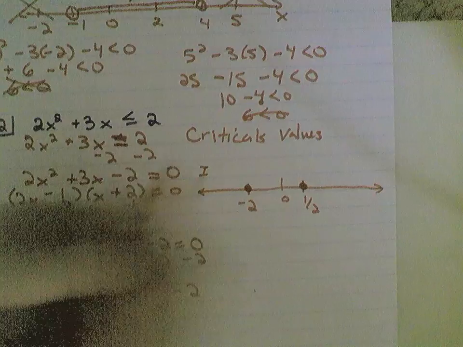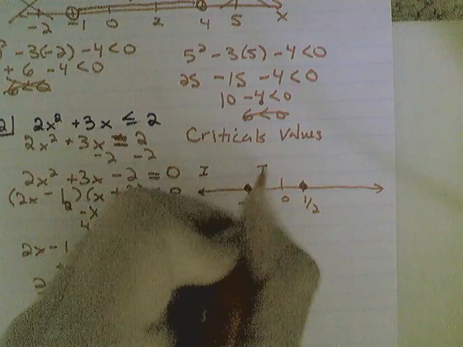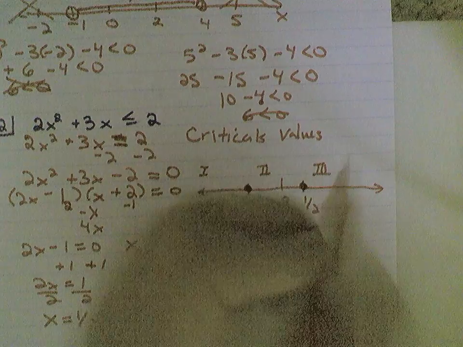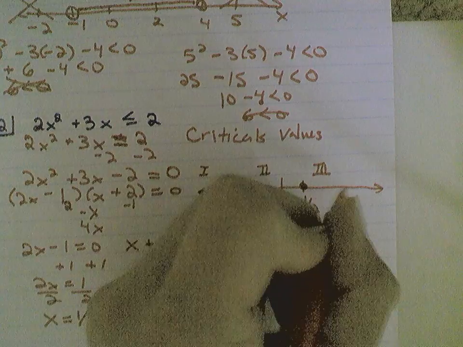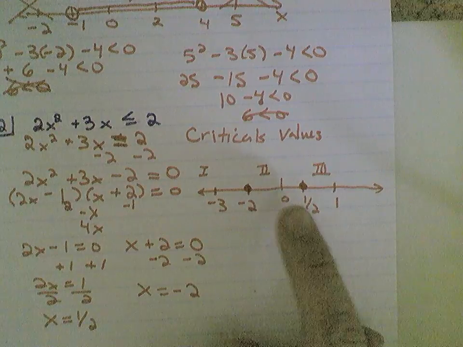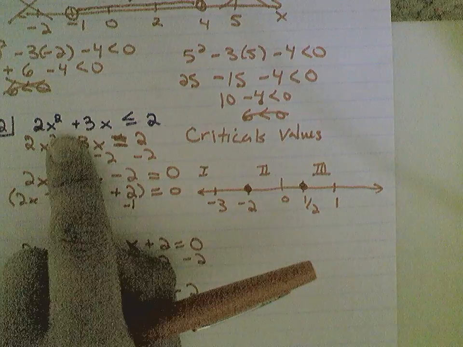My first region is to the left here, my second region is in the middle, and then the third region is off to the right hand side. What I want to do is test some values in each of those regions and see which ones give me a true statement when I plug them into the inequality.